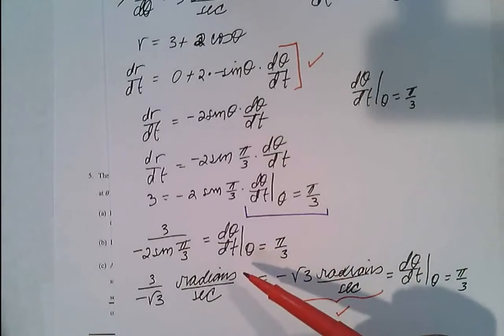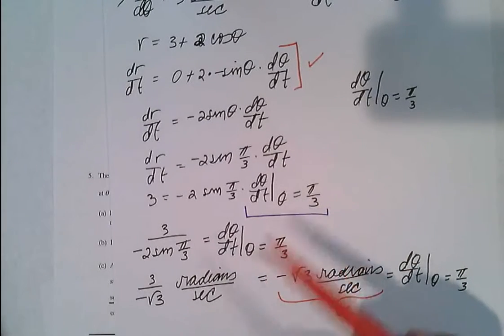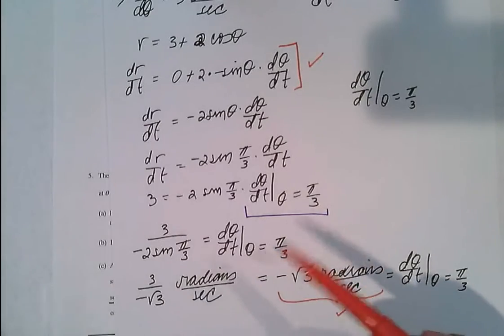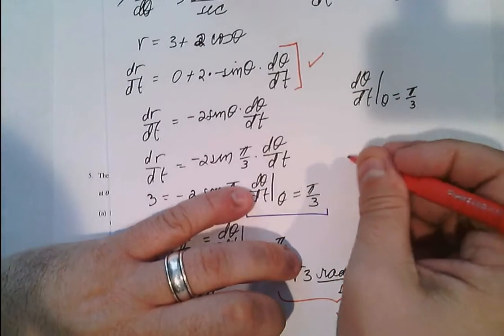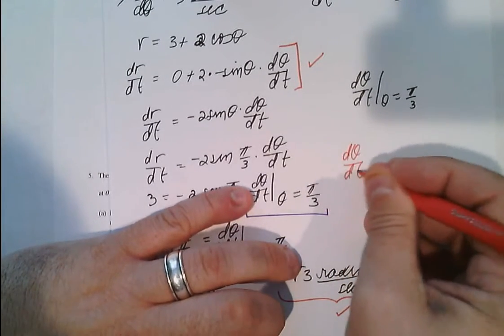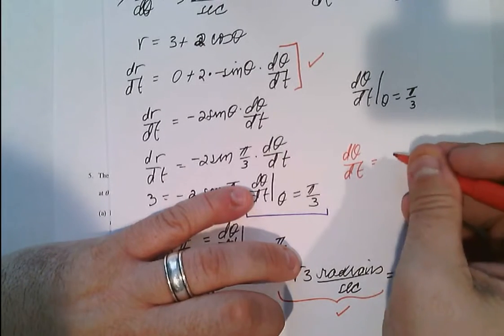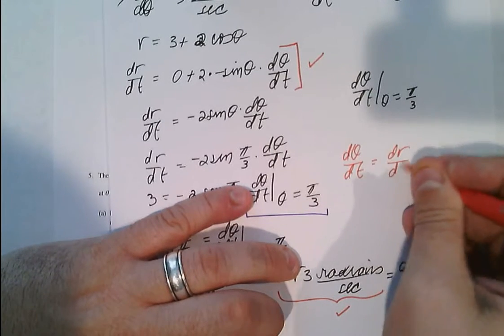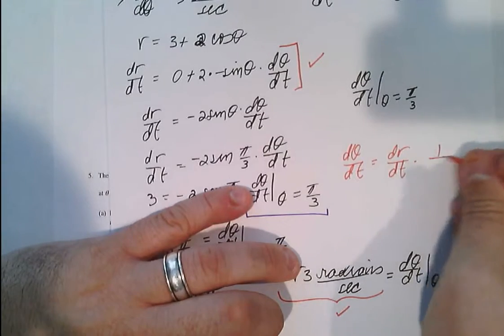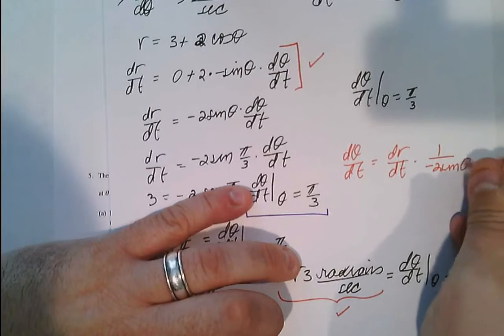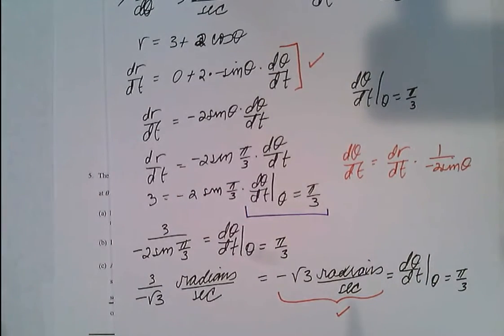And the way I approach this problem is a little bit differently than the way they approached the problem. What they said is they awarded a point when you get to d theta dt is equal to dr dt times 1 over negative 2 sine theta.